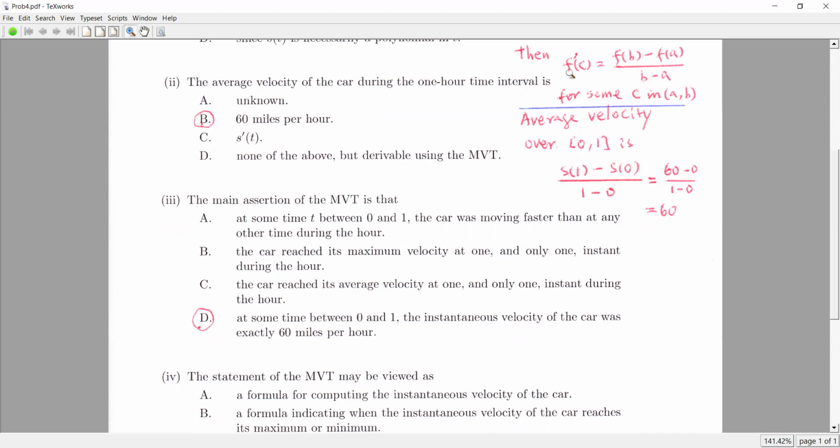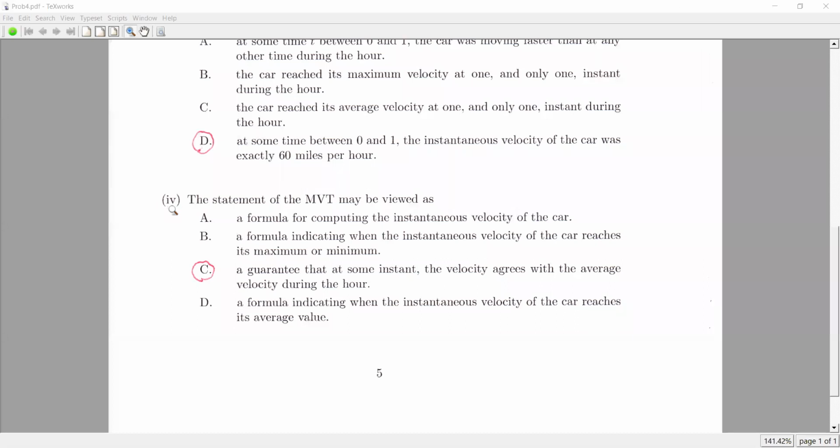Left side is velocity at point C. Mean value theorem says that between 0 and 1, there is a C. There, the velocity is equal to the average velocity. Part 4. The statement of the mean value theorem may be viewed as C, a guarantee that at some instant, the velocity agrees with the average velocity during the hour.